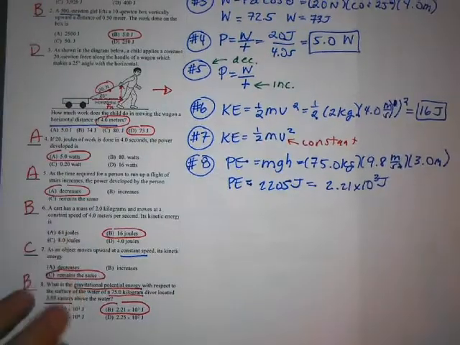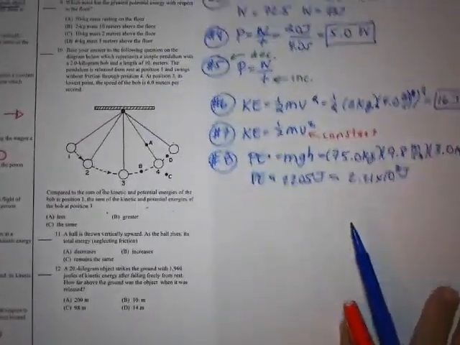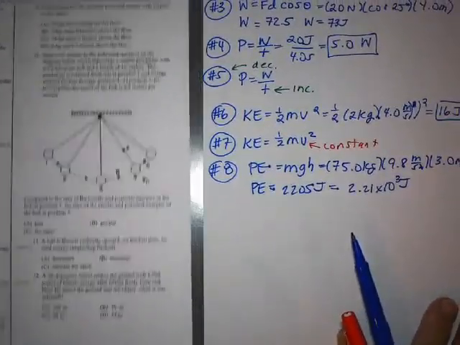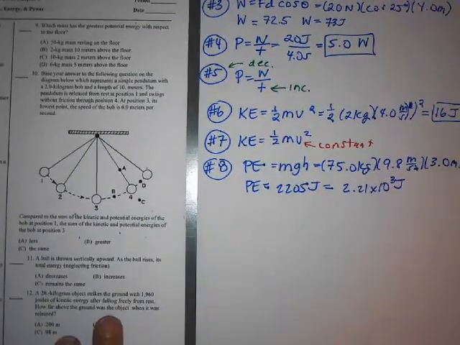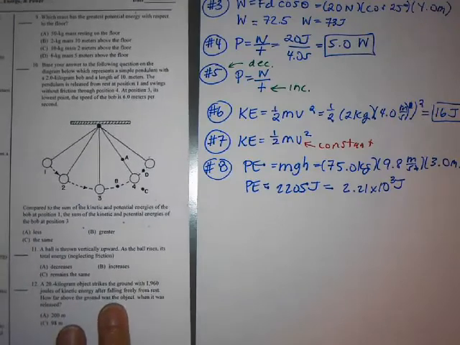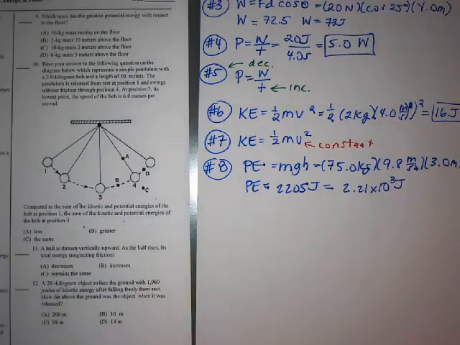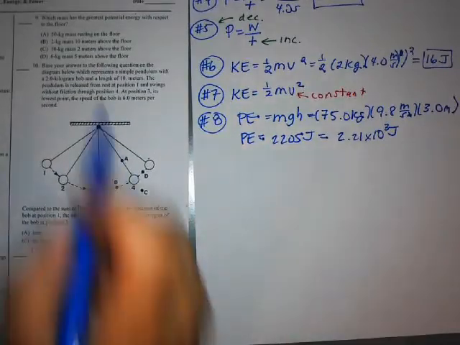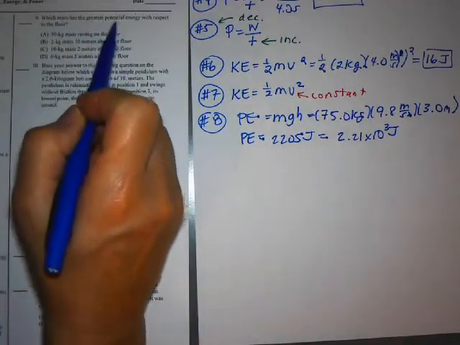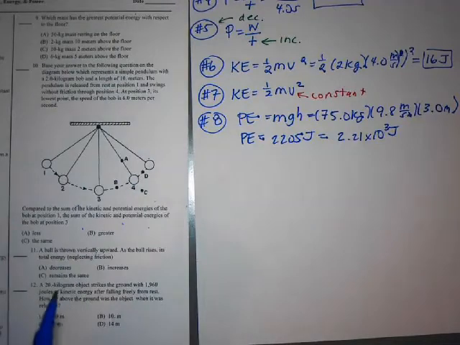All right, let's look at 9. 10 and 11 and 12 on this side. So for number 9, it says which mass has the greatest potential energy with respect to the floor.